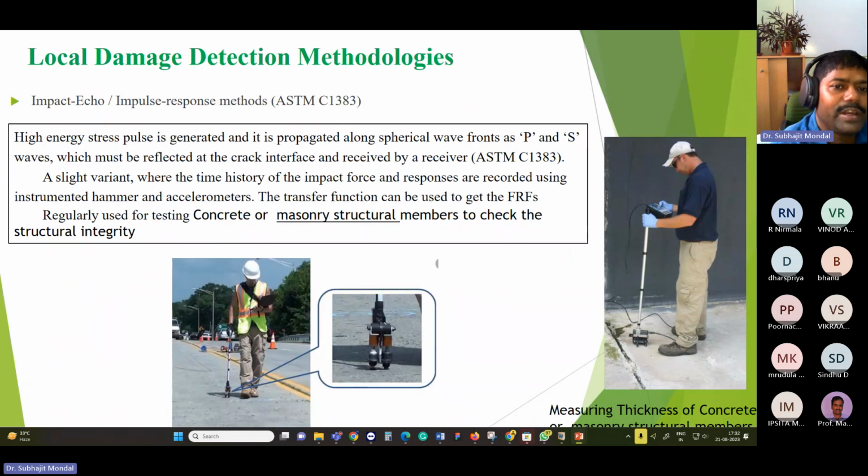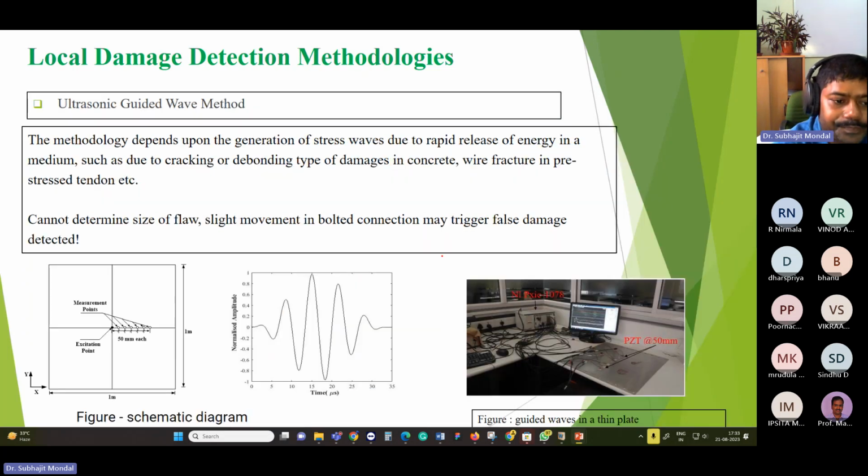Another is impact echo. Again, the response differs depending on the wavelength, lambda, and the frequency. So impact echo can also be used to detect damages.